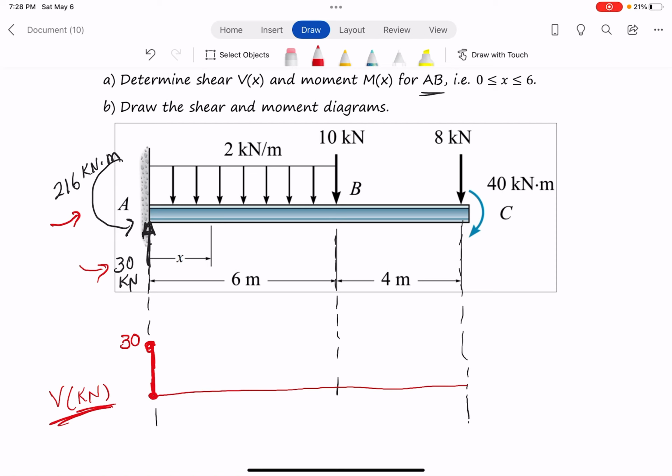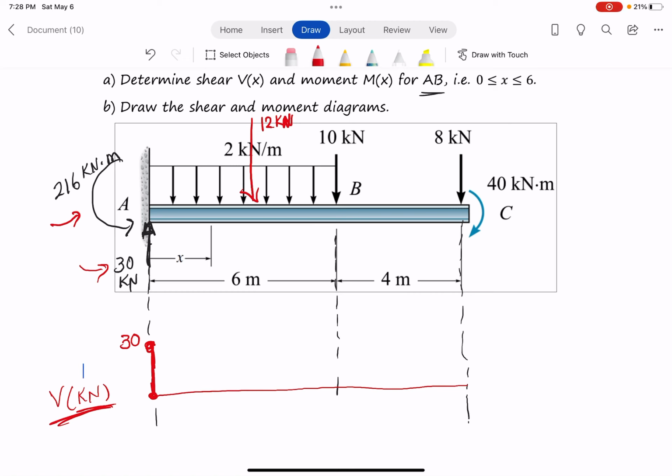And it is not constant because there is a uniform loading, 2 kilonewton per meter times 6. 2 times 6 is 12, and this 12 is down, 12 kilonewton.